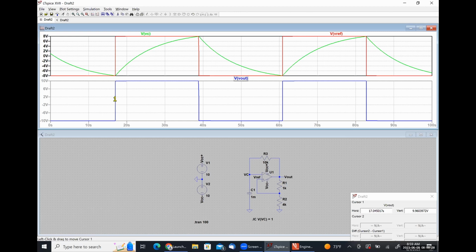And then this cycle will end when we have the next vertical transition up. So somewhere around here, 60.7541. So it completes one cycle in roughly 43.7 seconds.